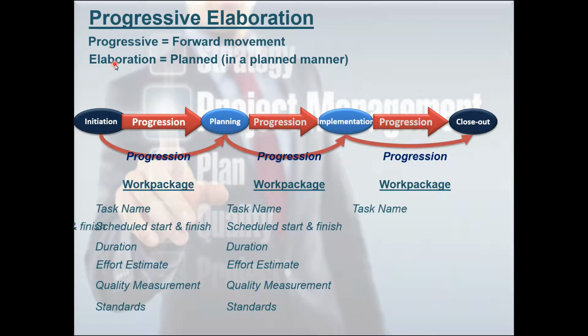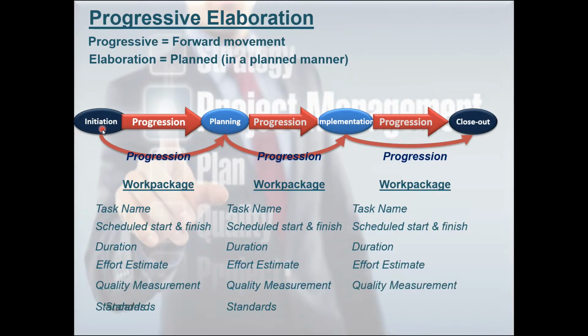For instance, initiation will consume resources and it will take time to complete. So every activity in a project has a name, a task name or an activity name, and a number.